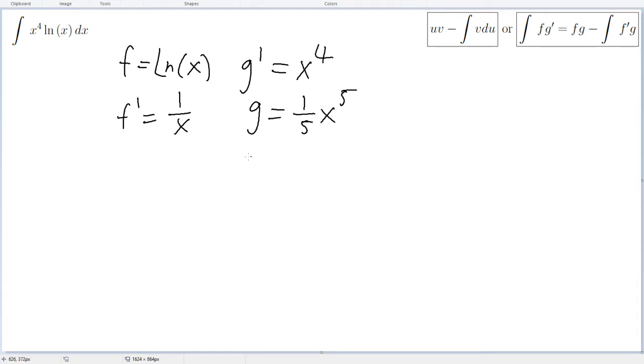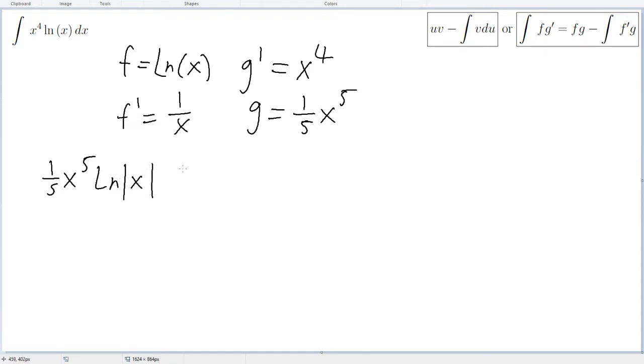Okay, and of course, when you do f prime g, it's just another polynomial, and so working this way is a lot easier. So we're going to go ahead and do our setup. So we have 1/5 x to the power of 5 ln of x.